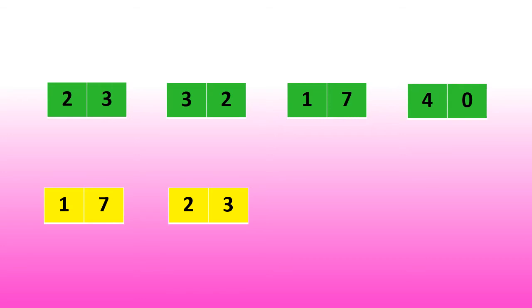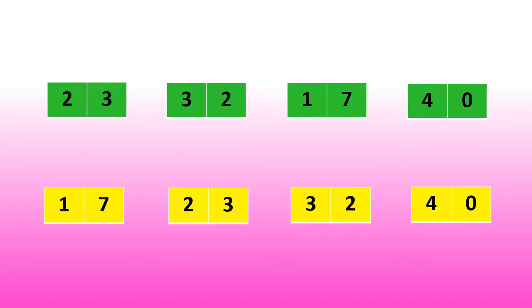And we know that 3 tens is smaller than 4 tens. Hence, the number 32 will come next. And lastly, we have the number 40 with 4 tens. So now, let's read these numbers in the ascending order. 17, 23, 32 and 40.